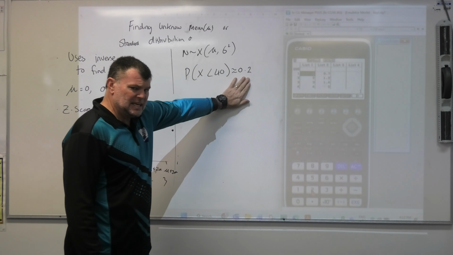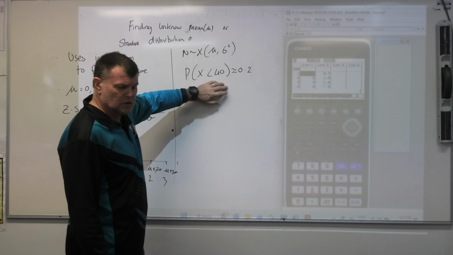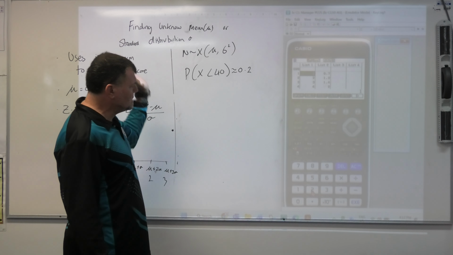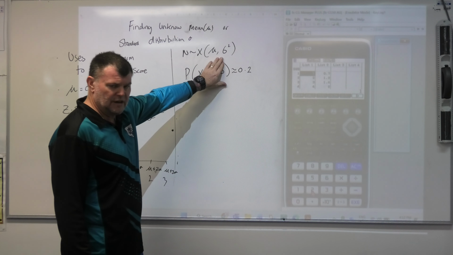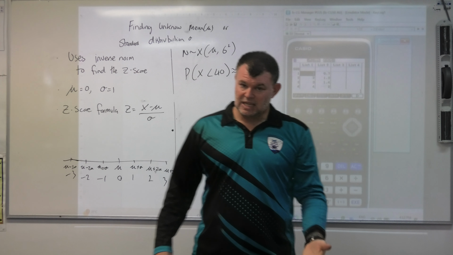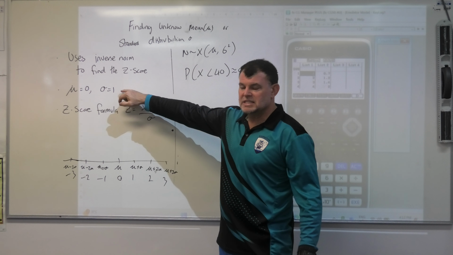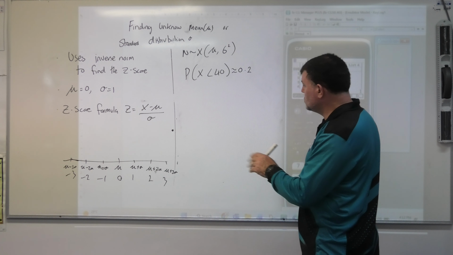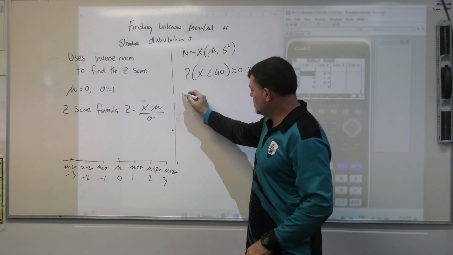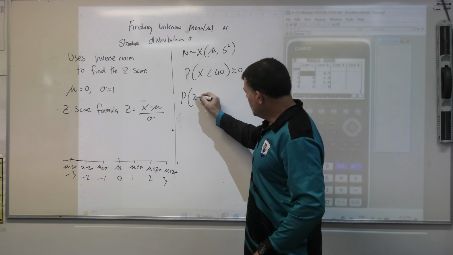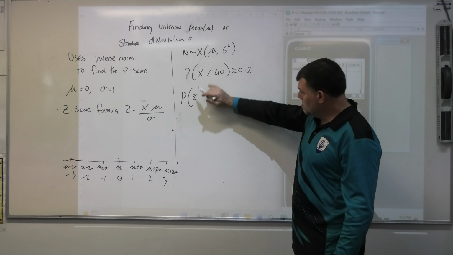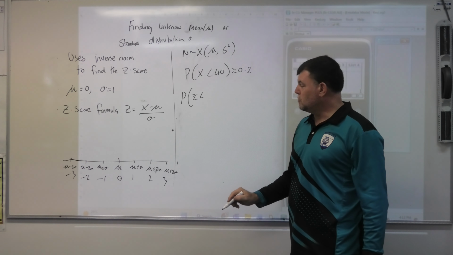Looking at this, we'll be thinking, why would I be using inverse norm here? You said in the last video we use inverse norm when you have an unknown value. Well, that generally is the case, but we need to use inverse norm to help us calculate that z-score. What we put into our function, and this is important, is the notation: your tail must match the tail that you have with your z-score.